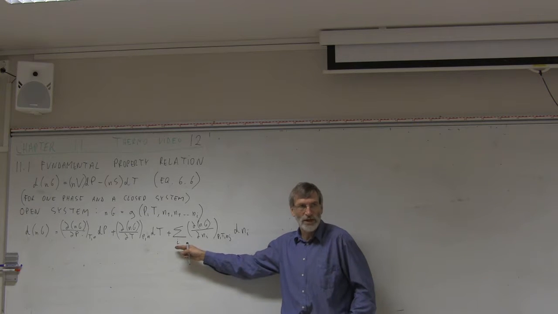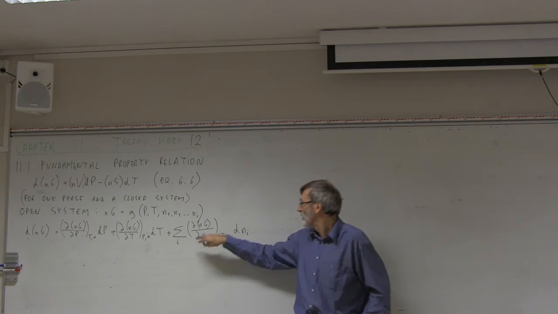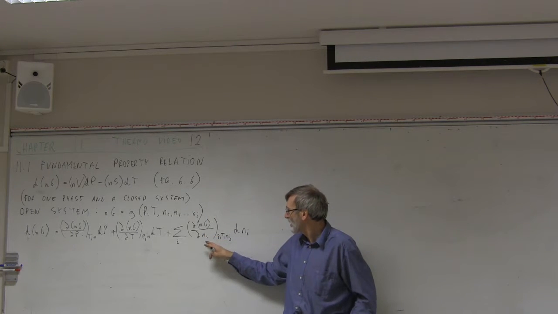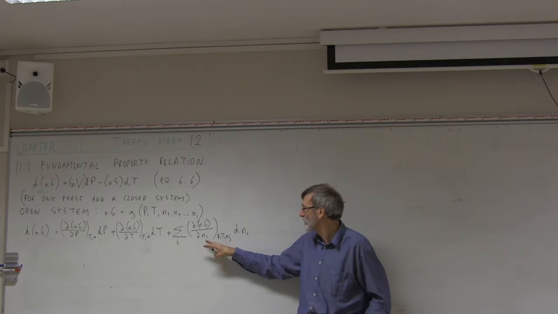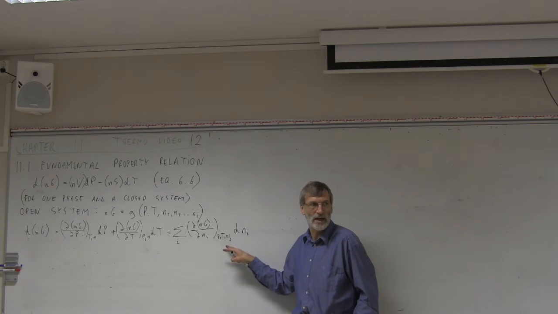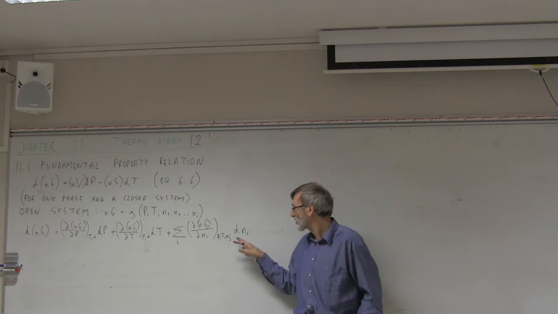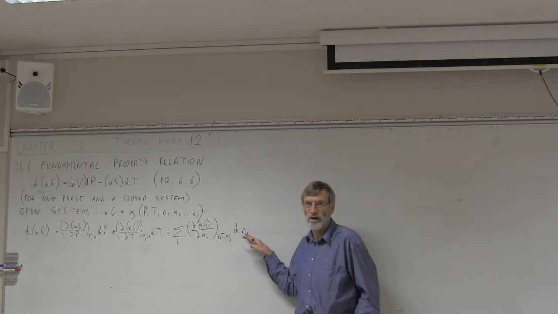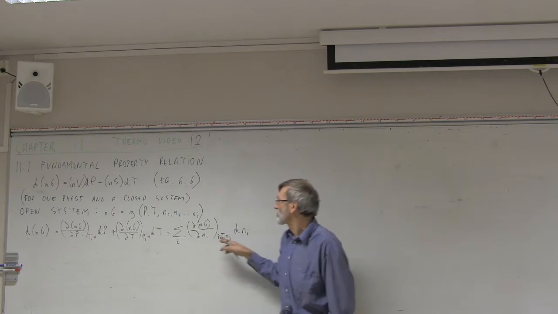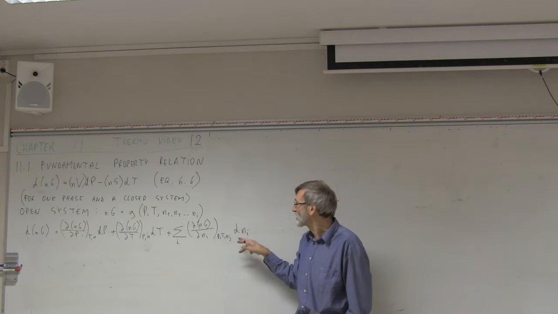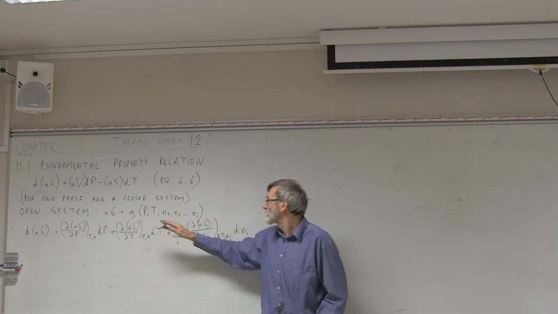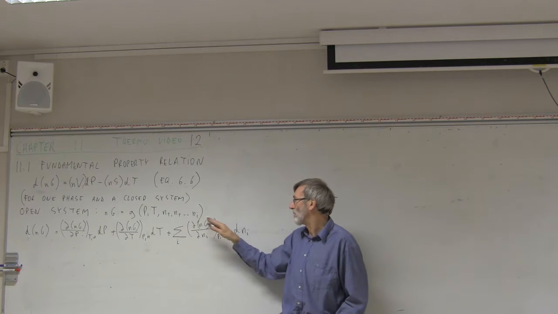We sum up for each component the change in total Gibbs free energy per amount of component i, keeping P, T, and all other components constant, multiplied by the addition of each component. This is actually only a mathematical expression when we accept that the total Gibbs free energy is a function of pressure, temperature, and all the components.